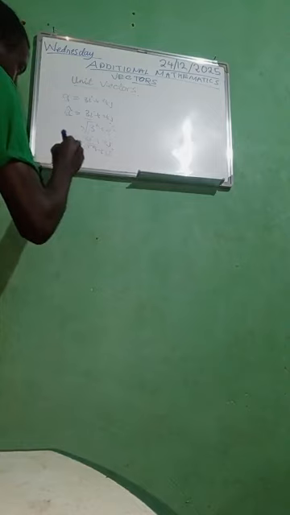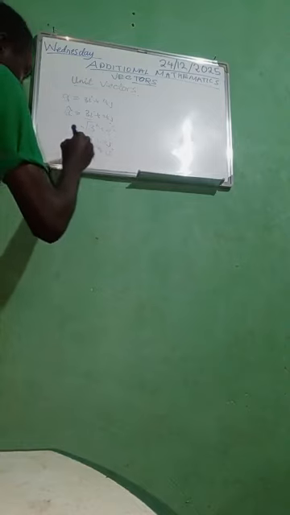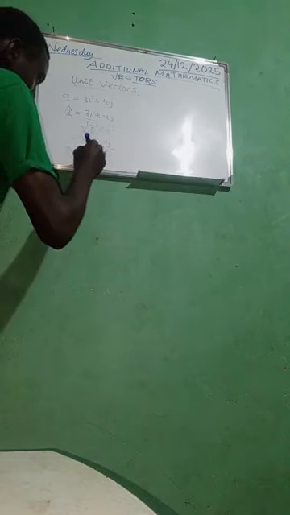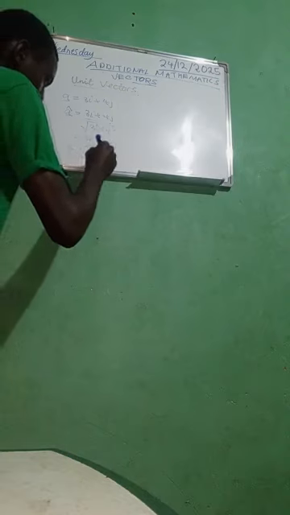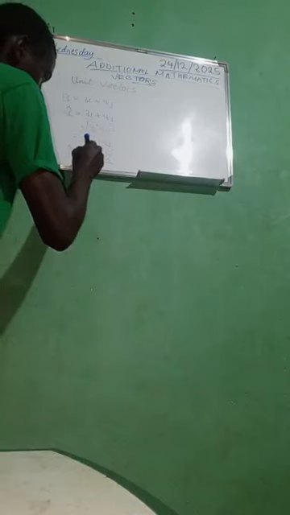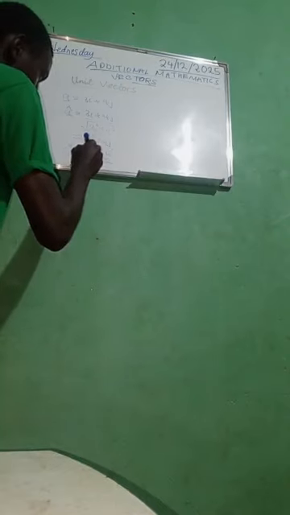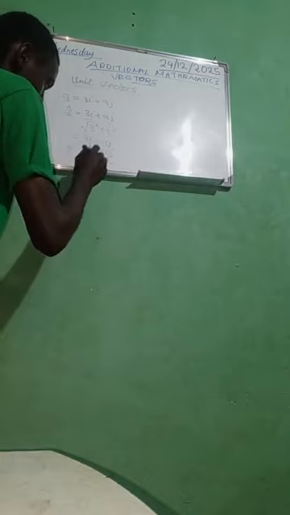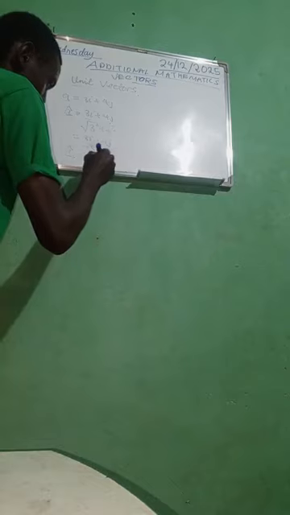Vector A hat is equal to 3i plus 4j, and we divide by 25. You divide by 25. So this is vector A hat.